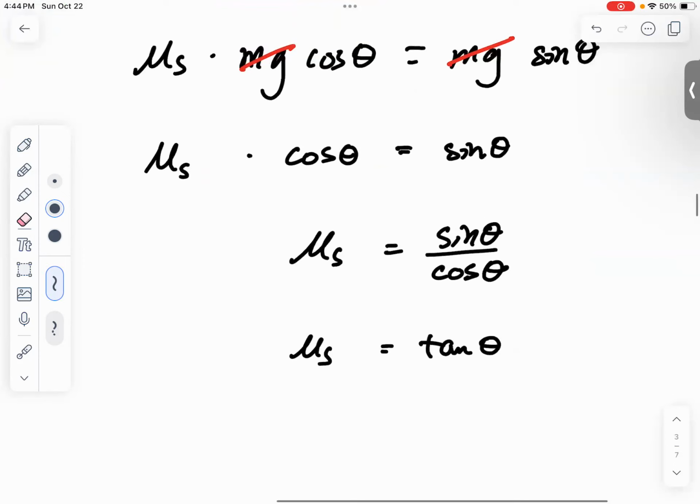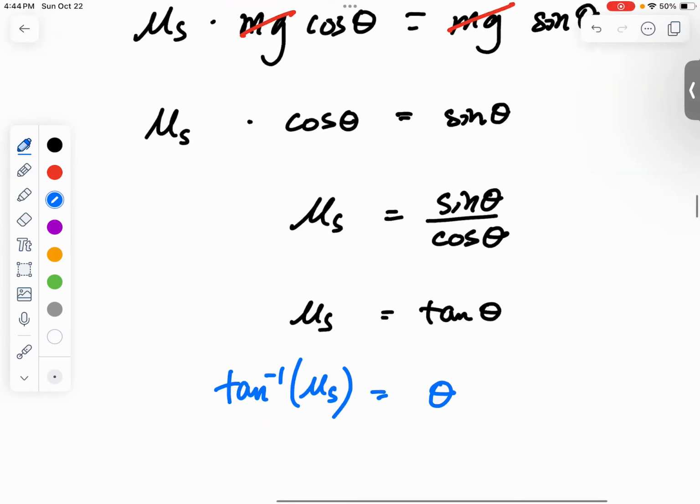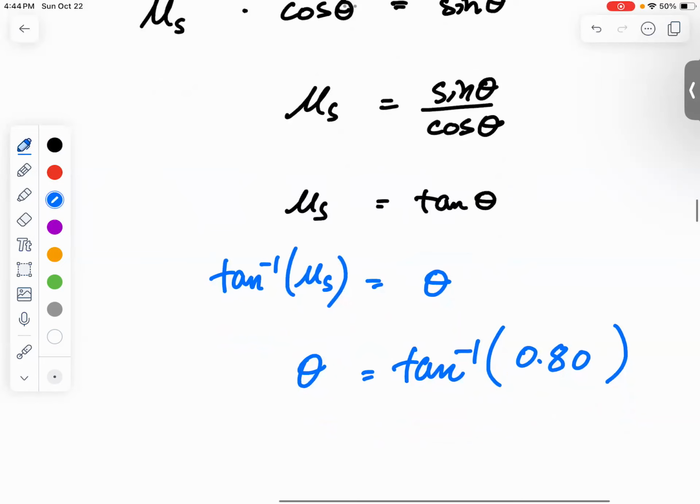So we will go ahead and find out what theta is by doing the inverse tangent of the coefficient of friction. It is the inverse tangent, not just the tangent. On your calculator, make sure that it is in the degree mode.